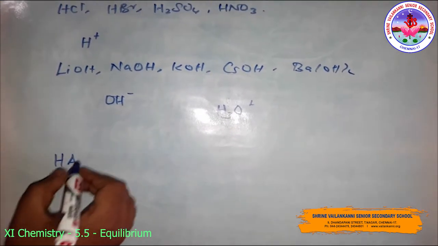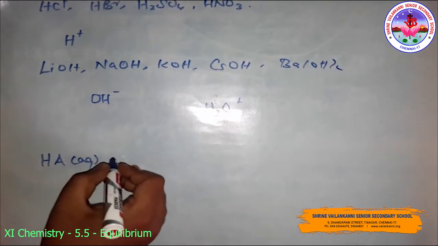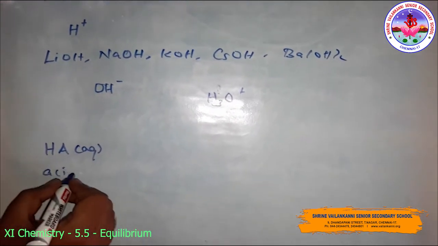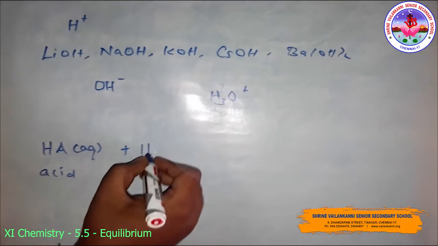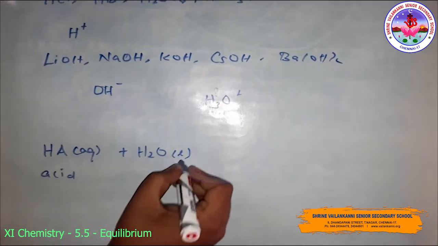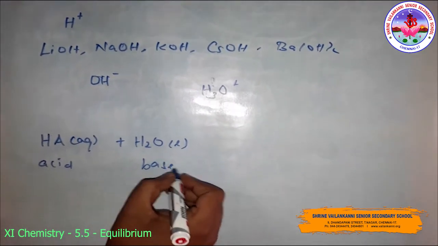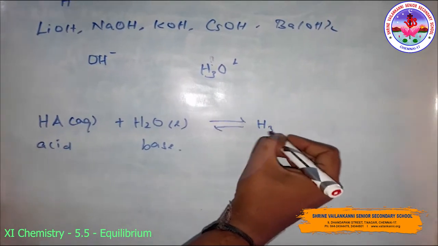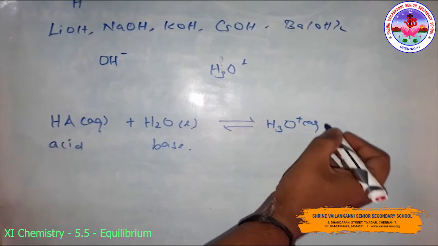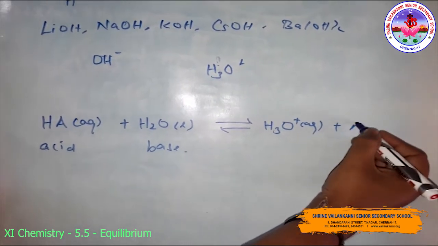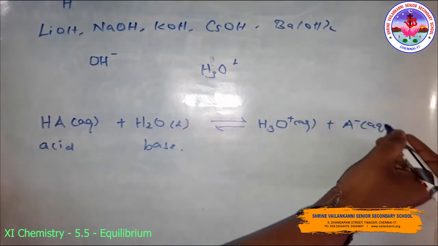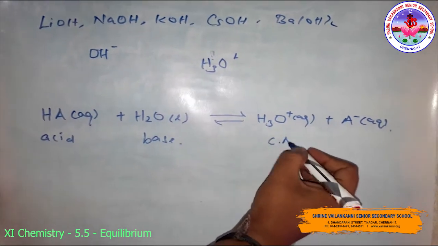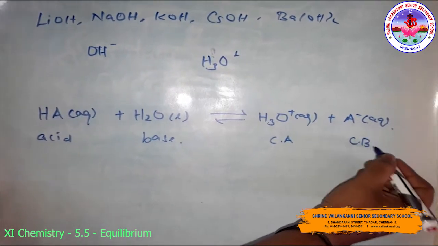HA is an acid and H2O liquid is a base, to form the hydronium ion H3O plus aqueous and A minus aqueous. So this is the conjugate acid and this is the conjugate base.